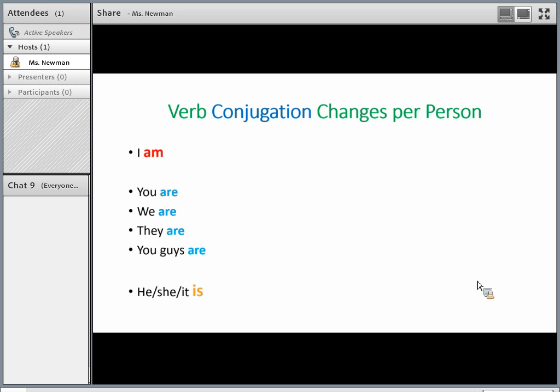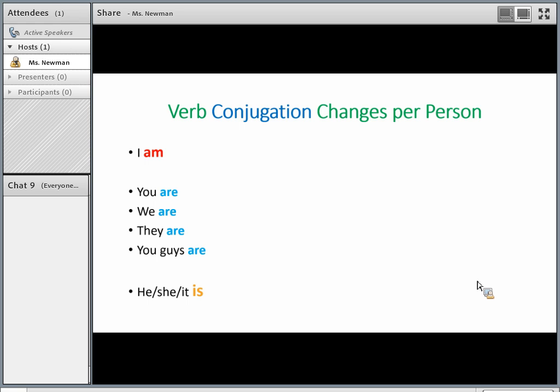I want you to know it in and out, on a scale of 1 to 10, at least a 10, if not higher, okay? The word conjugation is just like saying the changes of the verb depending on the subject or the person that is speaking or acting in the sentence. Okay, so we would never say you am or you is, right?